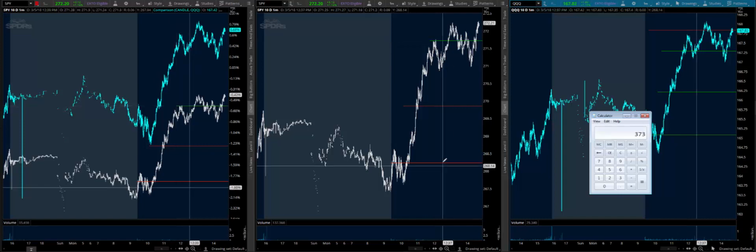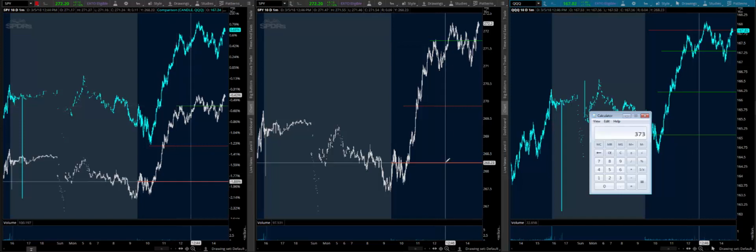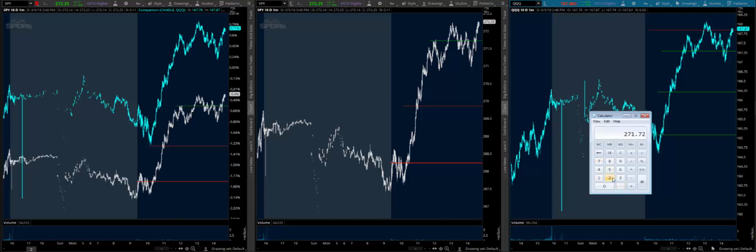minus 268.23. Let's do that. So we have 271.72, and I'm doing this the long way, guys. I could simplify this and do averages, but I just want to keep it simple so those of you that have never seen pairs trading before can understand it.